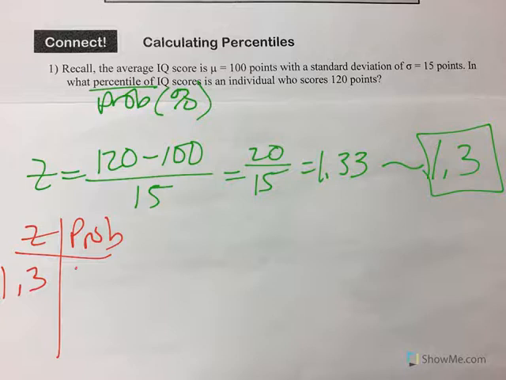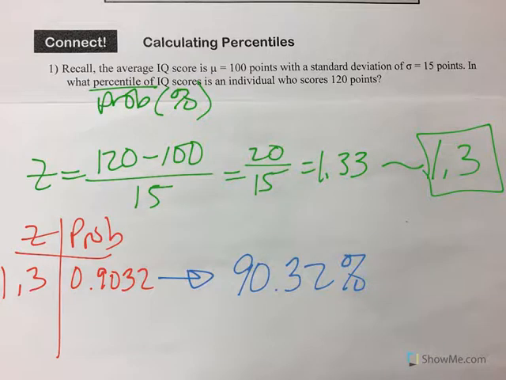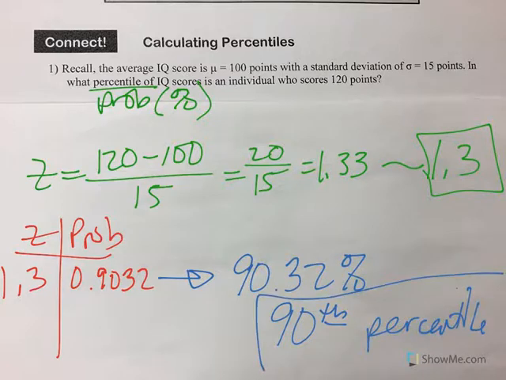The probability that goes with that is 0.9032. I change that to a percent, 90.32%, so we would say this is the 90th percentile. You always just round to the nearest percentile when you're talking percentiles.